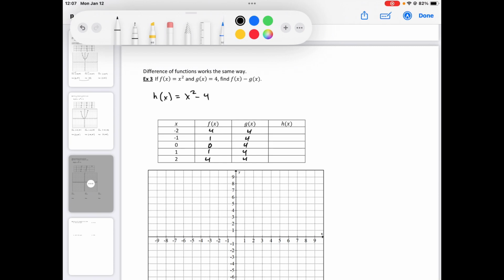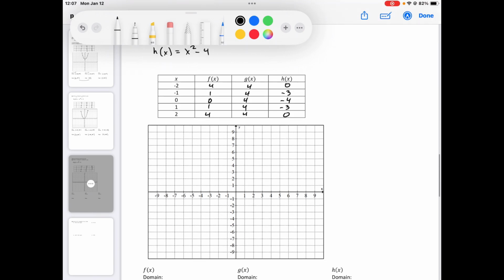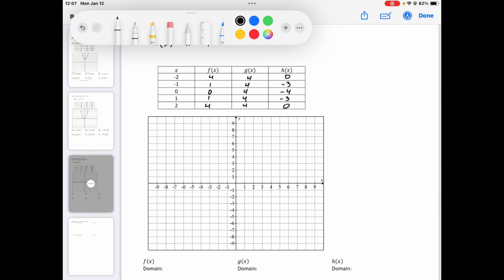Now this time when I'm finding my h(x) values, I am subtracting those numbers, and then I'm going to plot them on my grid. So I've got (-2, 0), (-1, -3), (0, -4), (1, -3), and then (2, 0), which is a parabola again.